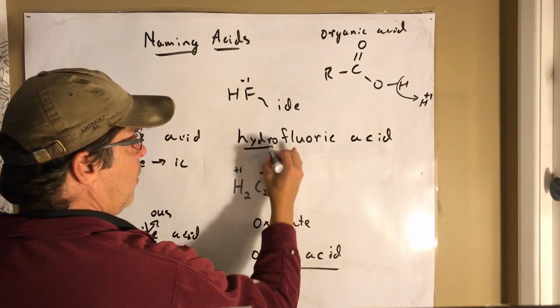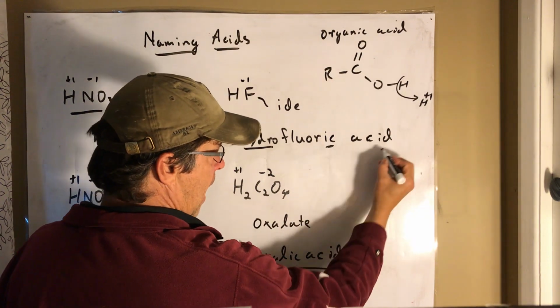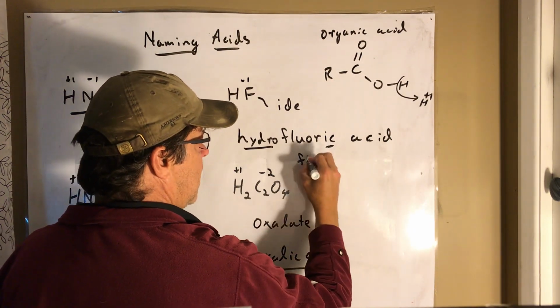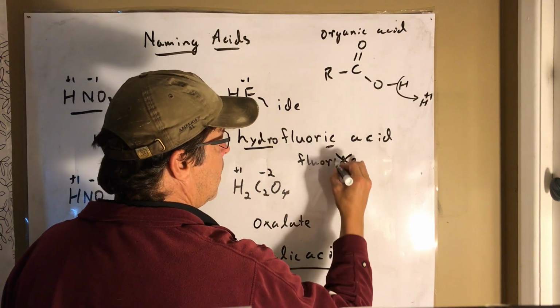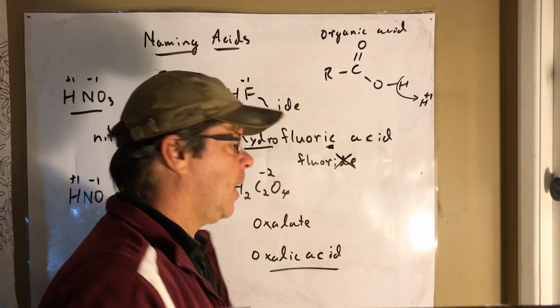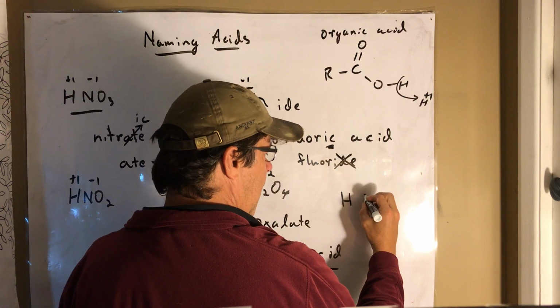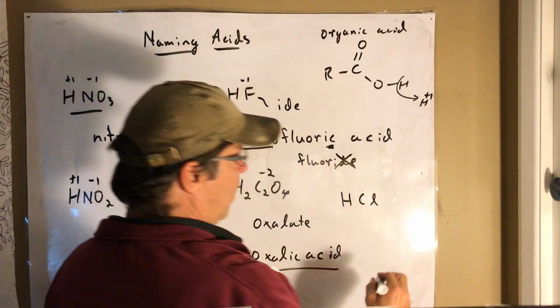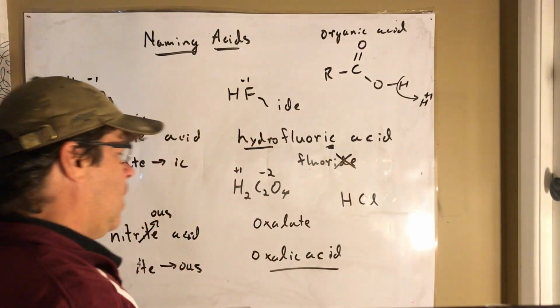We use the prefix hydro, the suffix ic, acid. So we got rid of the ide and changed it with an ic. Hydrofluoric acid. How about HCl? Of course, that would be hydrochloric acid.